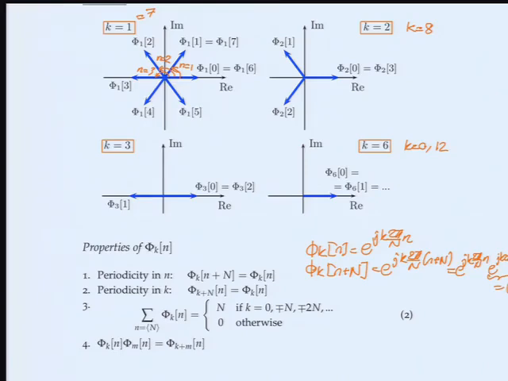So then this sum will give me N. If, however, k is not an integer multiple of capital N, those arrows you see in the picture will cancel each other out. They will add up to 0, and therefore the sum will be 0.